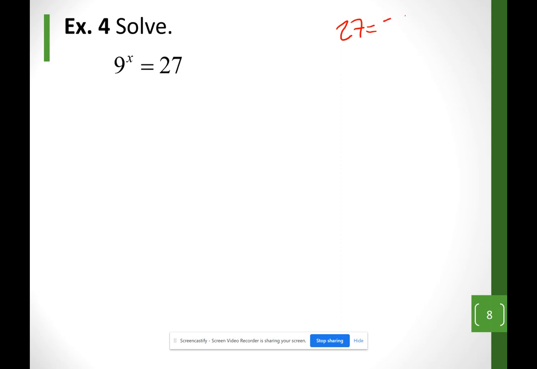I know 27 is 3 to the third. Then can I write my other base, 9, as 3 to the something as well? Yes, 9 is 3 to the second. I'm going to write everything in base 3.